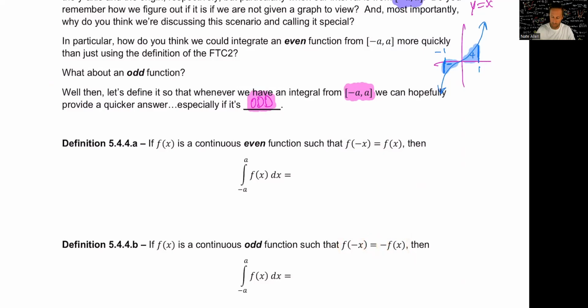And if that happens, then we can rewrite this as a big 0. Only if it's odd.